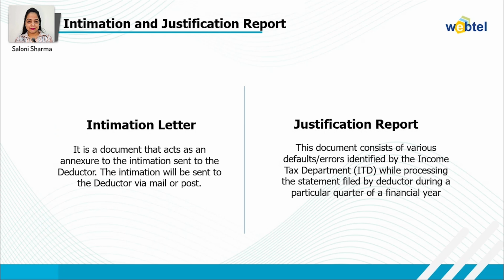Whereas the justification report is a document that consists of the defaults or errors that have been identified by the income tax department while processing the TDS or TCS statement that has been filed by the deductor during a particular quarter of a financial year.